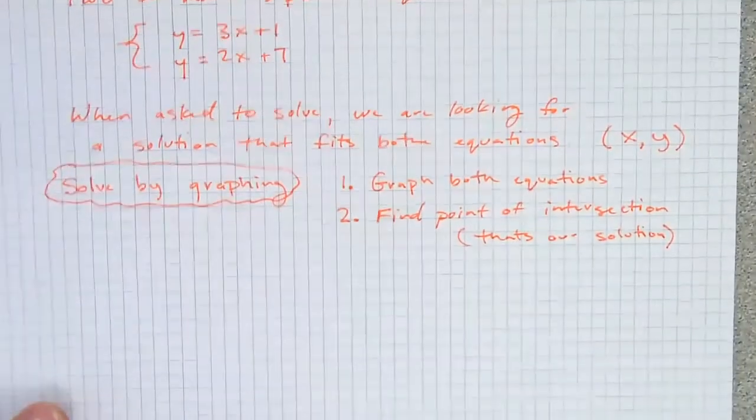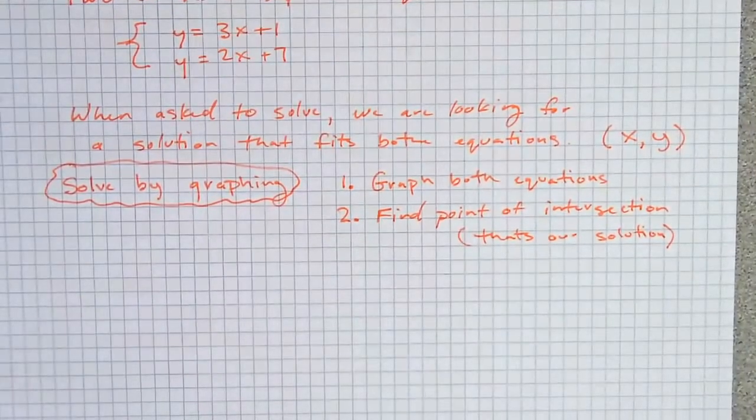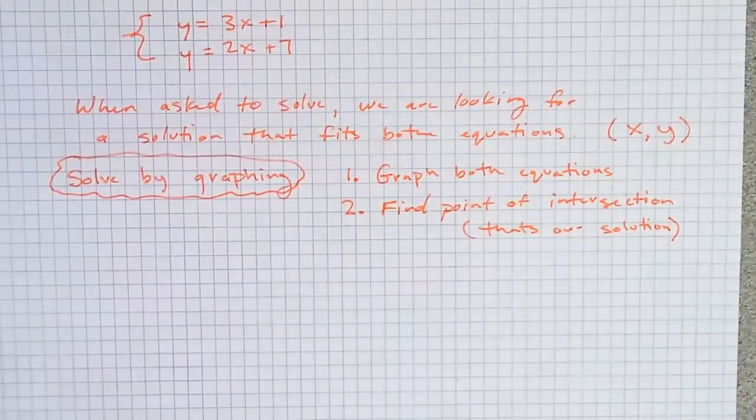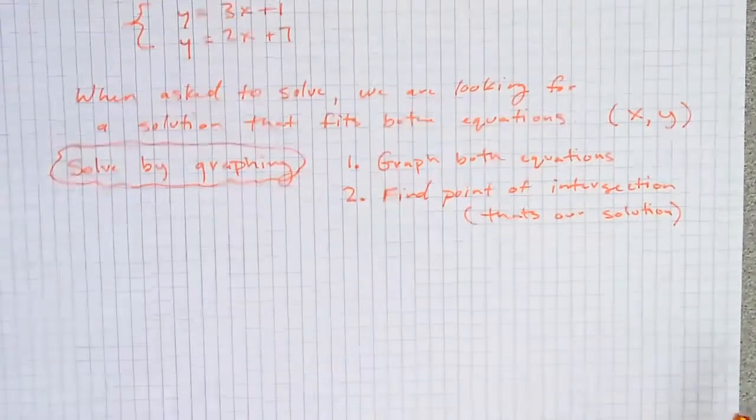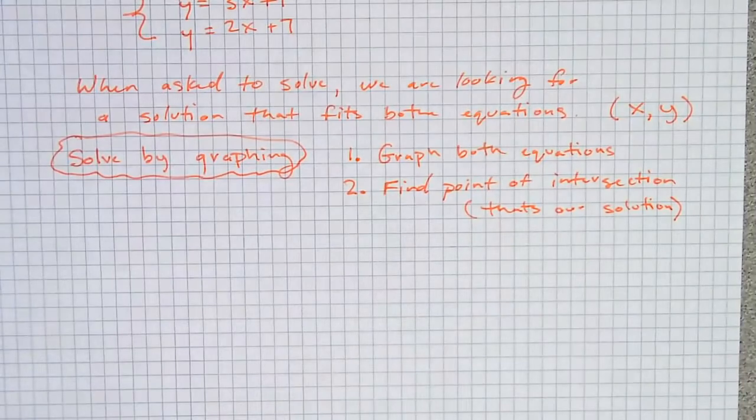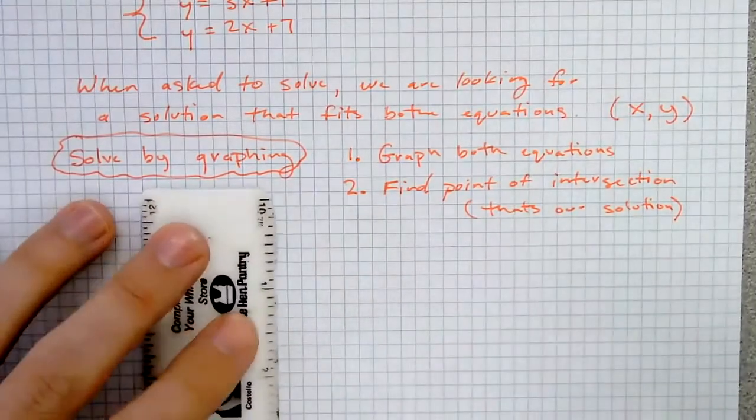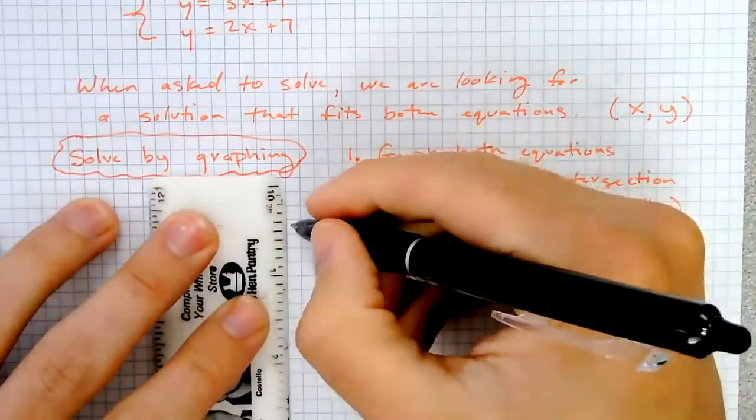So if you can't graph a line, that's not good. You're going to have to freshen up on that a little bit. So I'm going to graph, making x and y axes here.